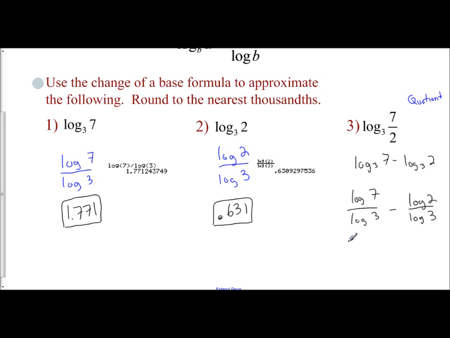So I have 1.771 minus, I already found log of 2 divided by log of 3 as 0.631. When I subtract those, I get 1.140. That is the decimal approximation of log base 3 of 7/2. We used the other two examples to assist us with finding those values.